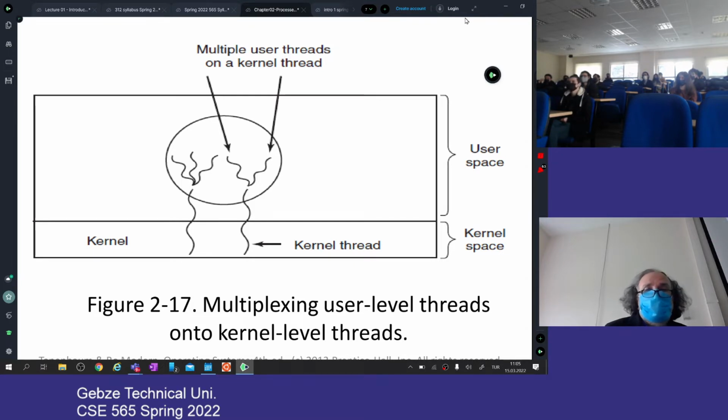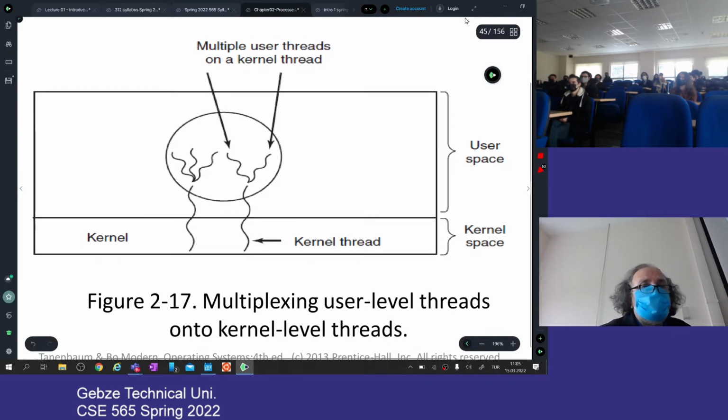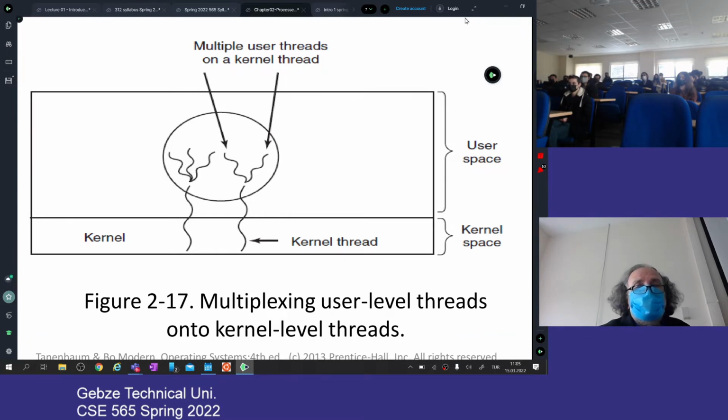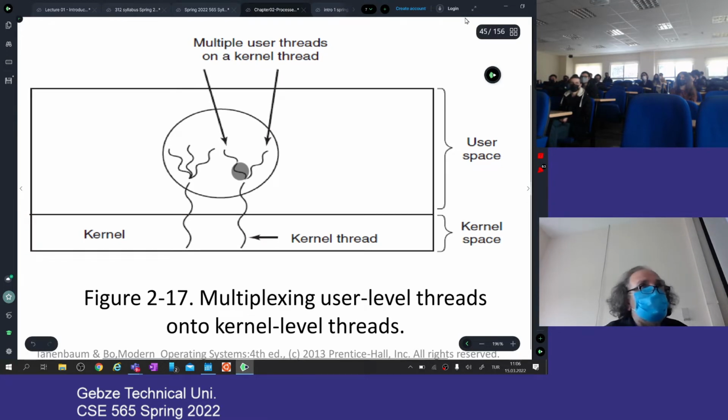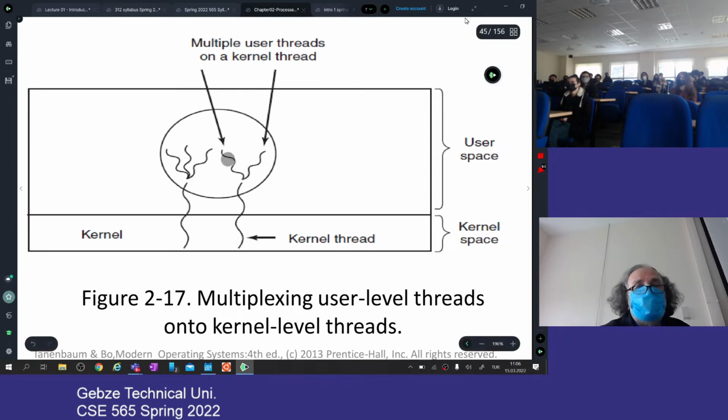So the kernel thinks that there are 2 threads inside this process, but I am using this thread to manage 3 user level threads, and I am using this kernel level thread to manage 2 user level threads. So switching from this one to this one, or making these kinds of threads, is very easy because I don't need any system calls. But if this one is blocked, that means this kernel thread is blocked, but this one can continue, right?